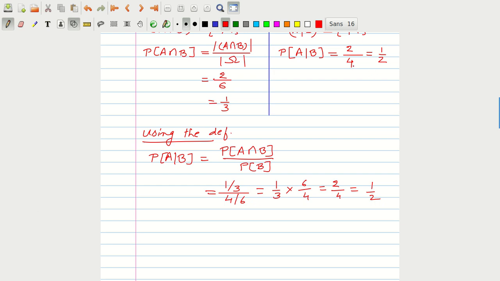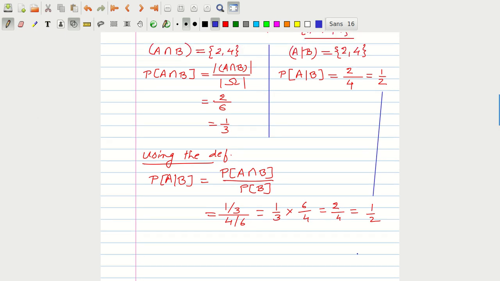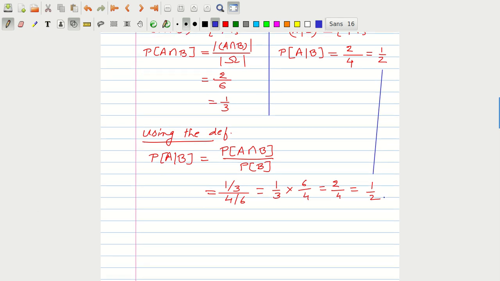So which is same, as you can see that the probability that we directly computed and that we computed using the definition are same, which has to be the case.